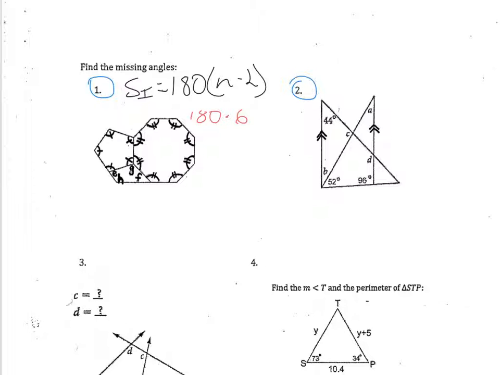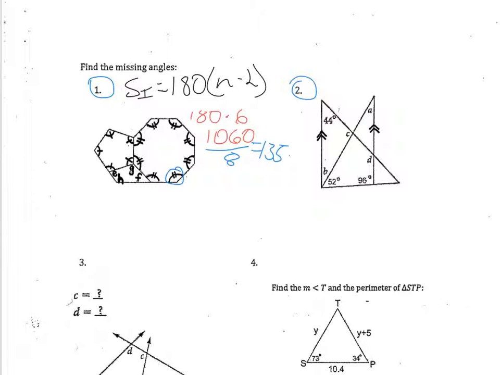which would be equal to, let me just double check my math real quick, 1060. And then to find the angle measure for just one of these angles, we would divide that by 8, and we'd get 135.